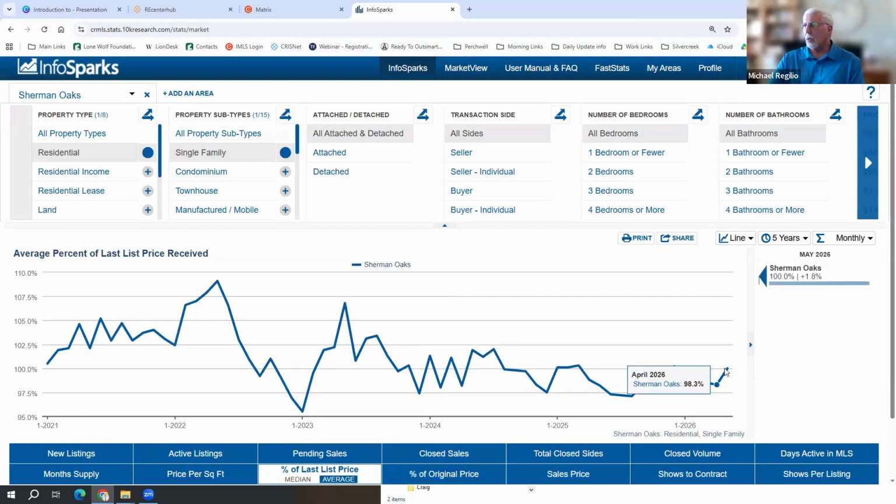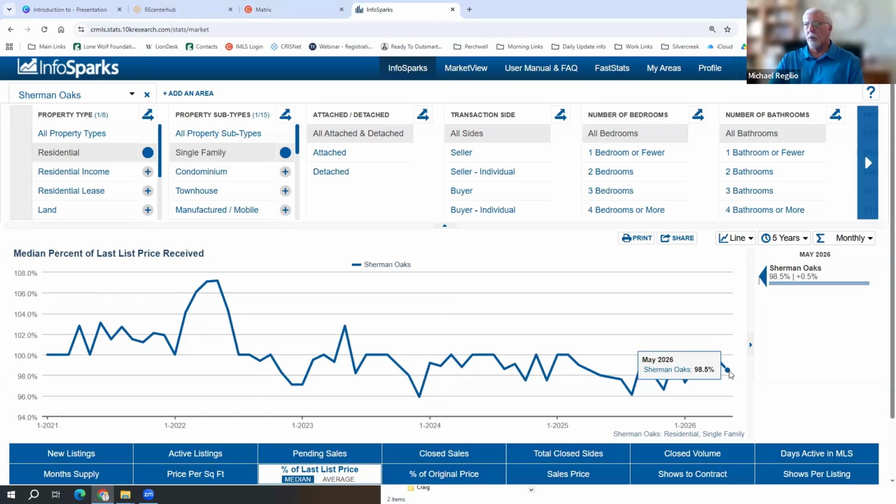The average was 100%. So what that tells us is that when a seller prices the property properly in the market, they're not having major hits to the asking price.